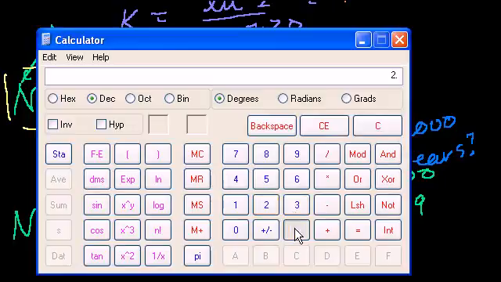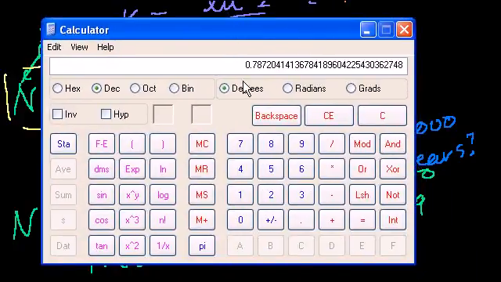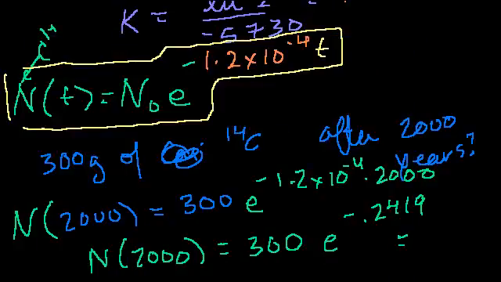But e is, let's say, 2.71. I could keep adding digits, but I'll just do 2.71 to the negative 0.24, which is equal to 0.78 times the amount that I started off with, times 300, which is equal to 236 grams.